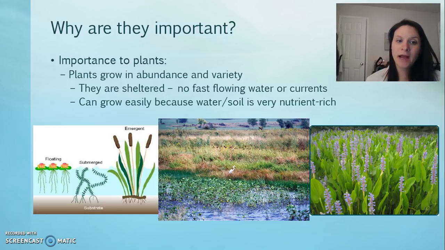So many tall grasses, like over here you see the cattails, but you could also have something so delicate and fragile like a lily pad. And the main reason for that is because it's just so sheltered. There's not flowing water to wash it away. There's not fast-moving currents. So plants there are pretty protected, and you can have a very wide variety.